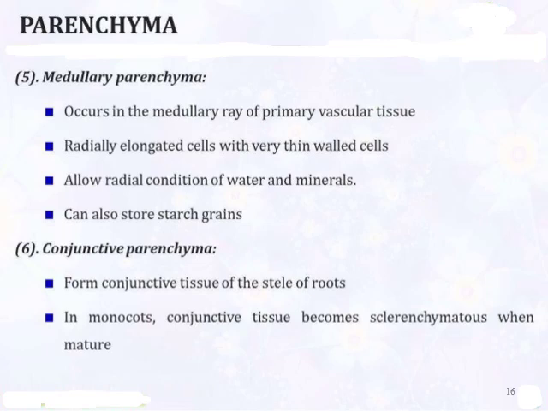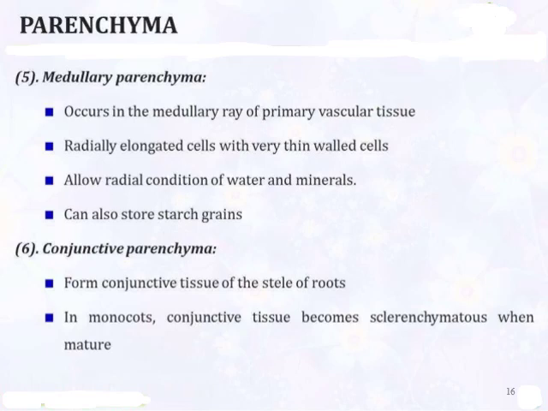This conjunctive tissue is involved in the formation of cambium in dicot stem. So simply, the conjunctive parenchyma plays a role in the formation of conjunctive tissue.